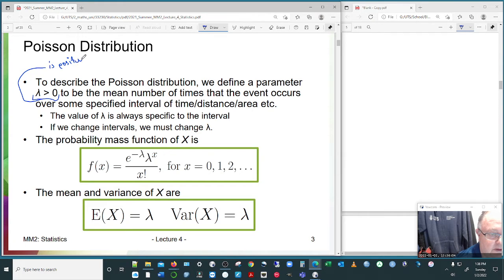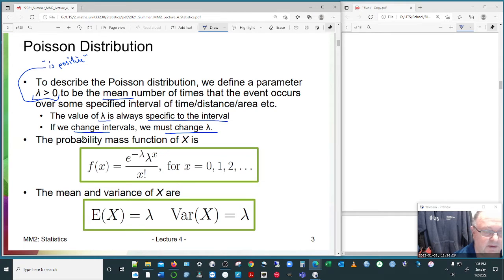So when we see that, we automatically assign to ourselves that lambda is positive. That's the translation. Lambda is the mean number of times that the event occurs over some specified interval. The value of the mean lambda is always specific to the interval, so if we change the interval, we've got to change the lambda.